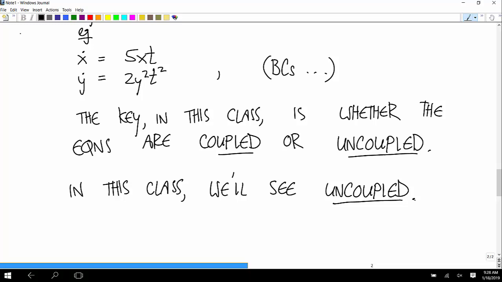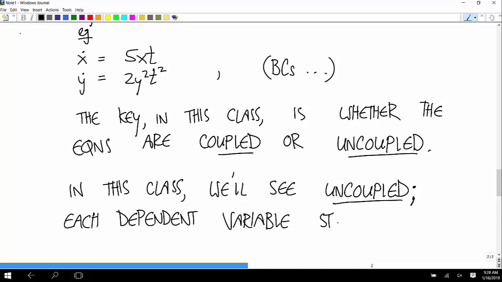What an uncoupled equation means is that each dependent variable stays in its own equation.